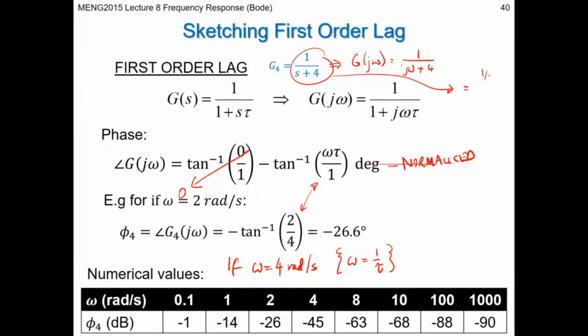This is equal to 1 upon 4 over 1 plus s tau. So the tau in this case is 1 upon 4. So omega is 1 upon tau. We plot that, you see you get a minus 45 degrees. And that's always going to be the case. Whenever you get omega equals 1 upon tau, then you're going to get a value of minus 45 degrees for the phase of the first order lag.